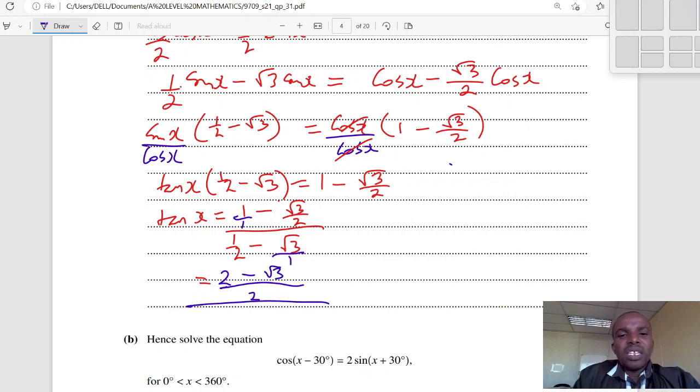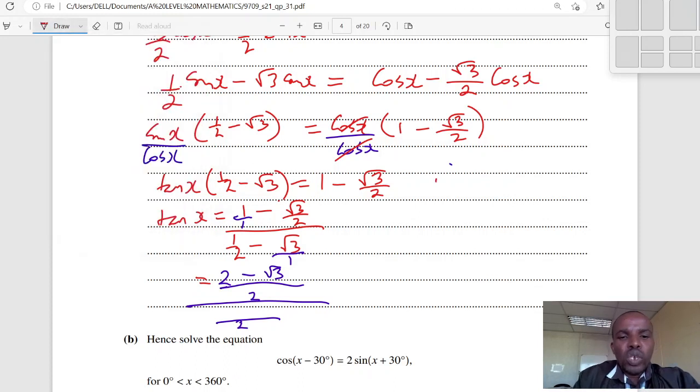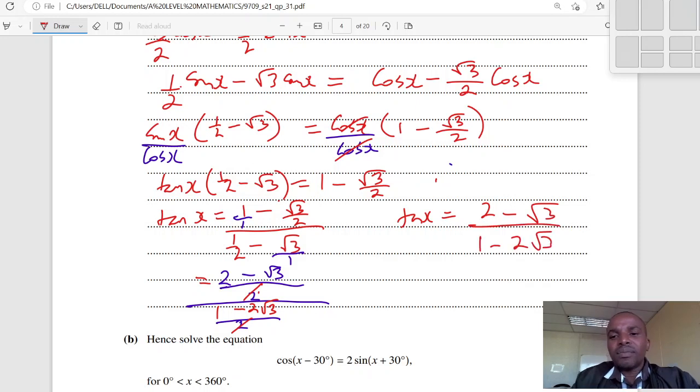Then over, 2 into the denominator is 2 down there. Then 2 into 1 is 2, wait, 1 times 1 is 1, minus 2 times root 3 is 2 root 3. Then this 2 and this 2 cancel out, so I will be left with tan x equals 2 minus root 3 over 1 minus 2 root 3.